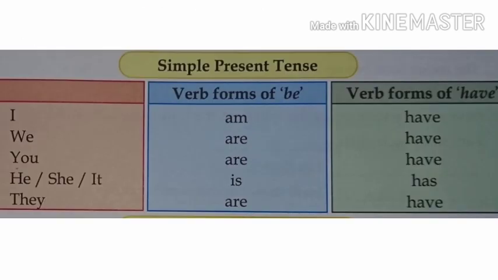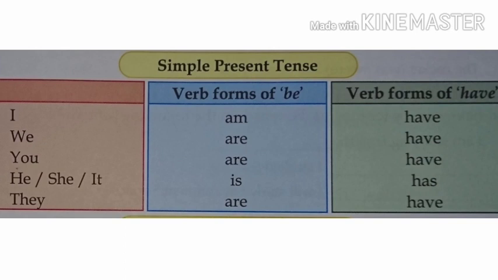Now look at this table. The first column has some pronouns. The second column has verb forms of be. The verb forms of be are am, is and are.